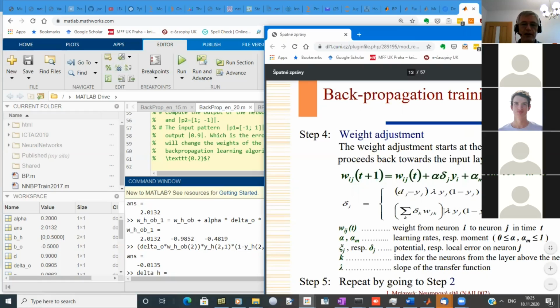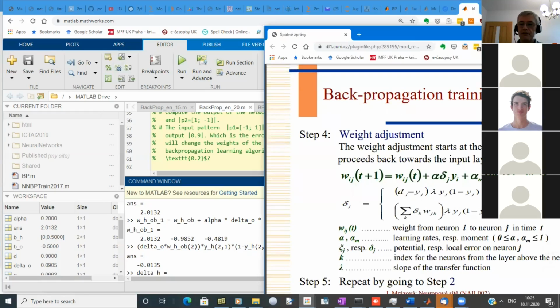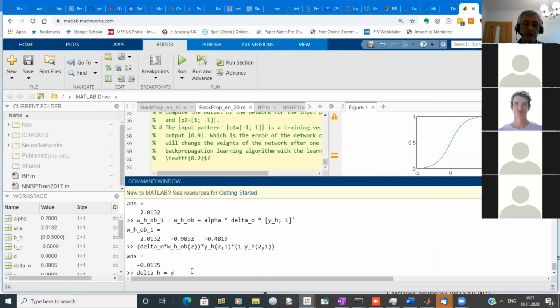Lambda is 1 in our case. So this should be easy. We can compute the output on the hidden layer times 1 minus the hidden layer output. Lambda is 1. I can write it.